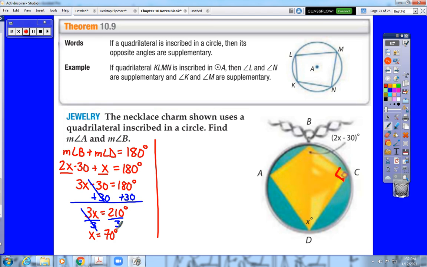Plug it in to find angle B, right? So the measure of angle B would be 2 times 70 minus 30, or 110 degrees. Sorry, I'm way down at the bottom of the screen here, I know. Okay? Angle B is 110.